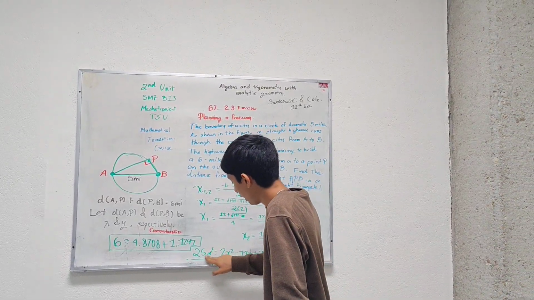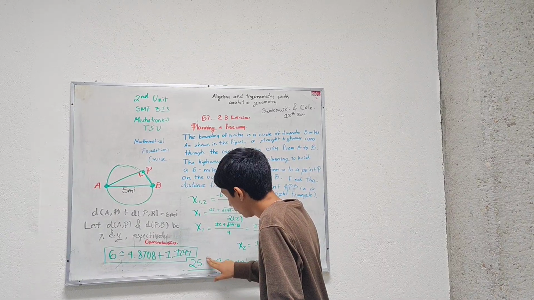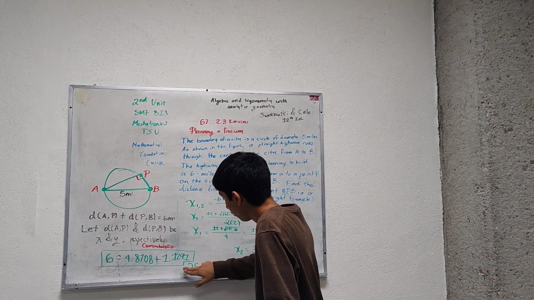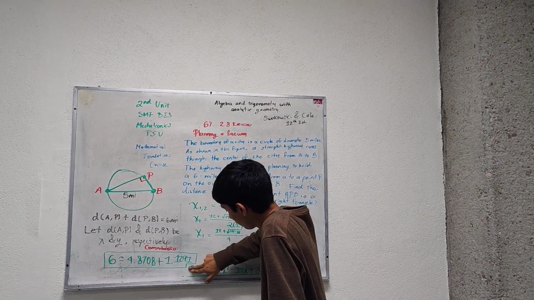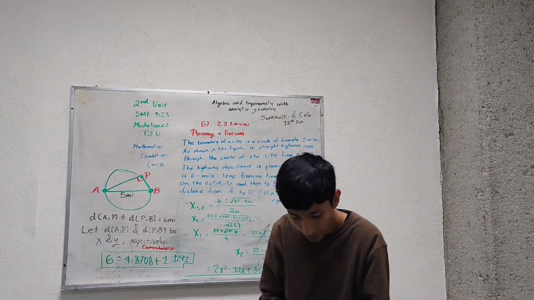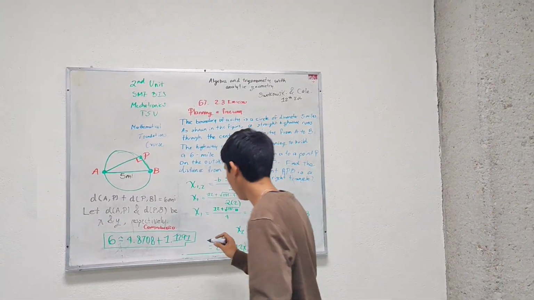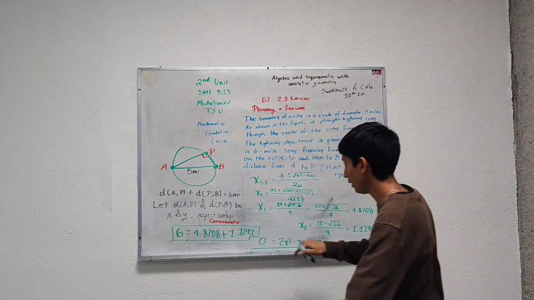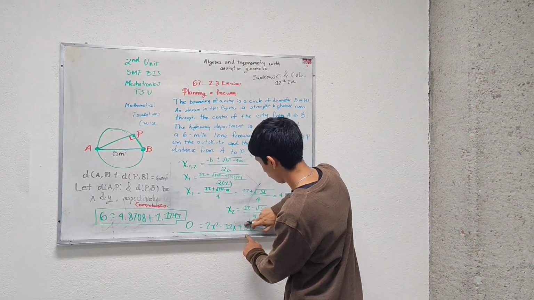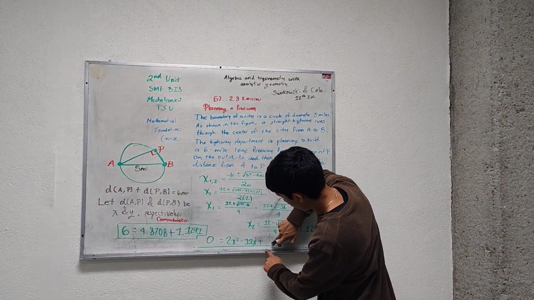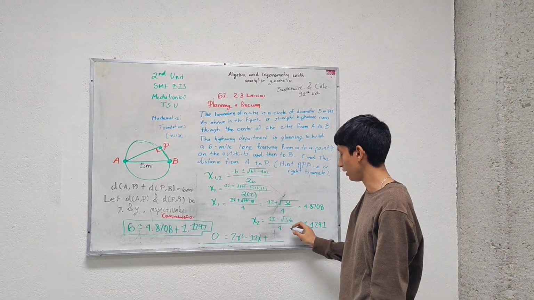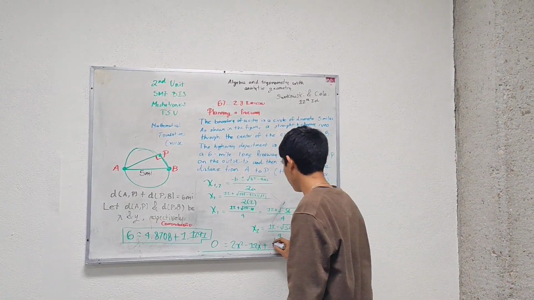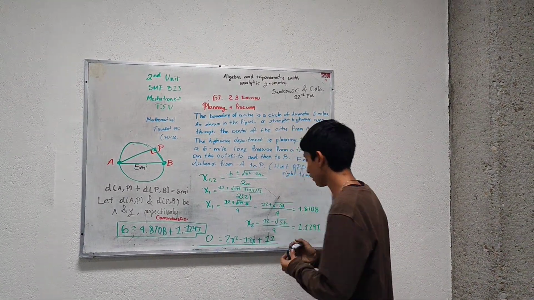So I need to make one thing right here. I need it equal to 0. So if I have 25 here, I need to take 36 minus 25. So this is going to be plus 11.